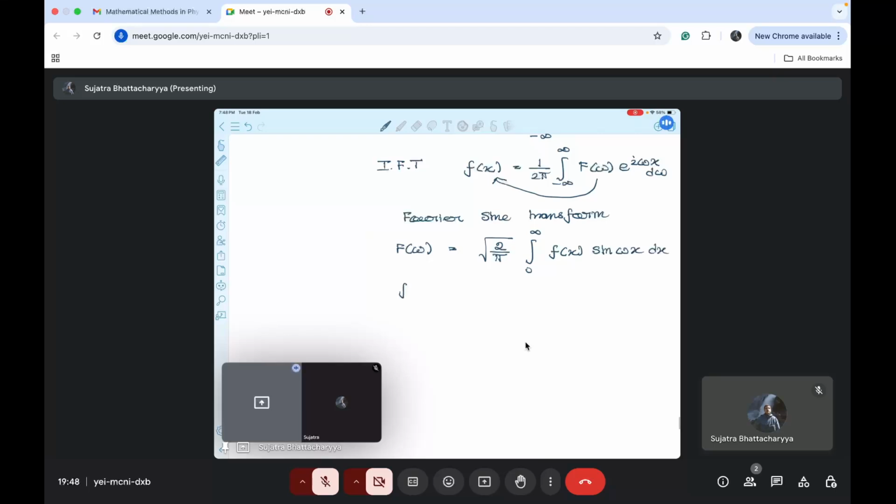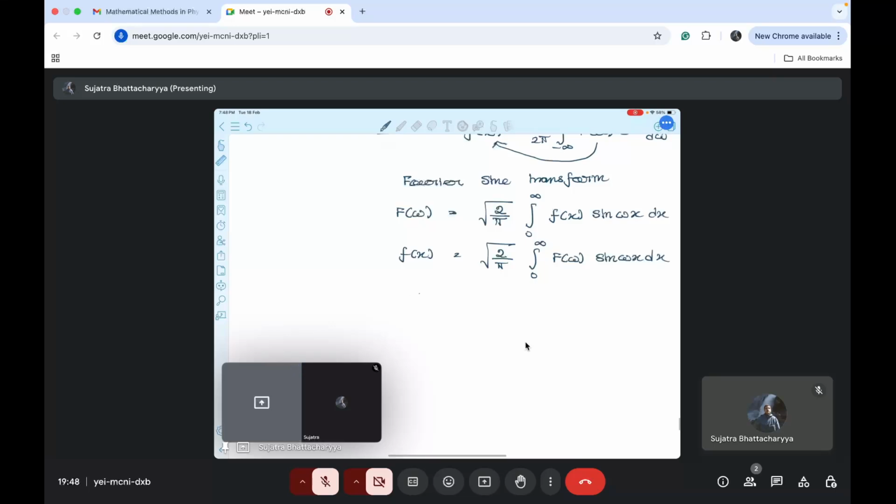And the inverse Fourier sine transform is root 2 by pi, integral from 0 to infinity of f of omega sine omega x d omega. This is easy. You don't have any negative signs. And similarly, the Fourier cosine transform.